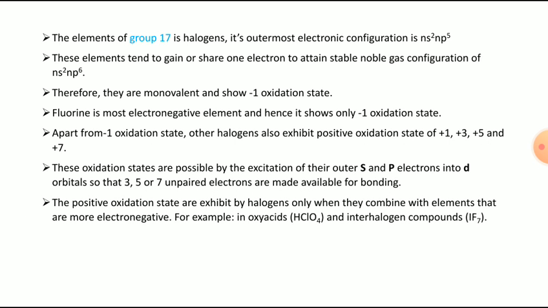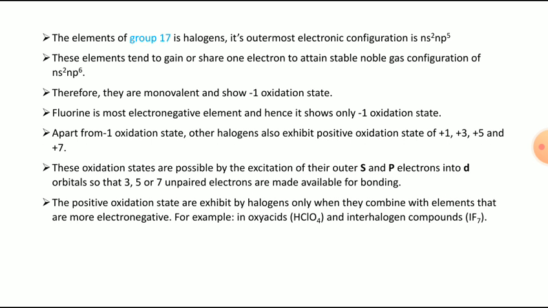The positive oxidation states are exhibited by halogens only when they combine with more electronegative elements. For example, oxyacids, that is HClO4, and interhalogen compounds, that is IF7.